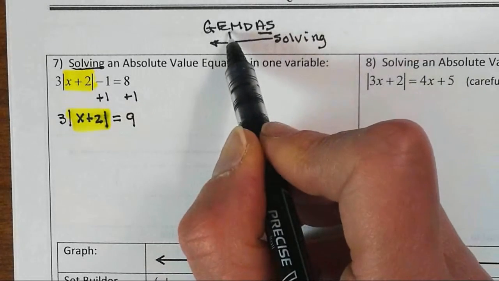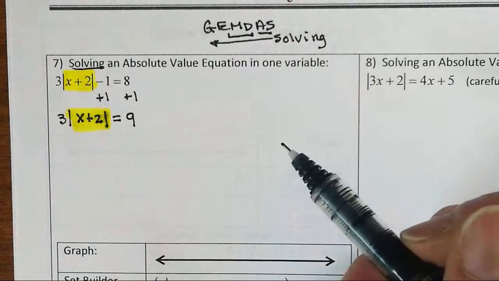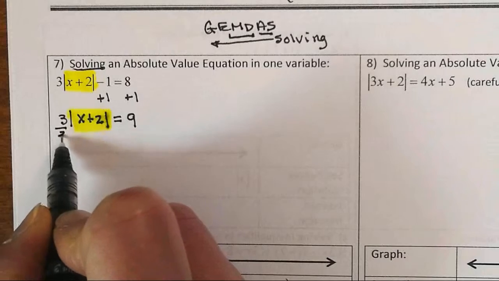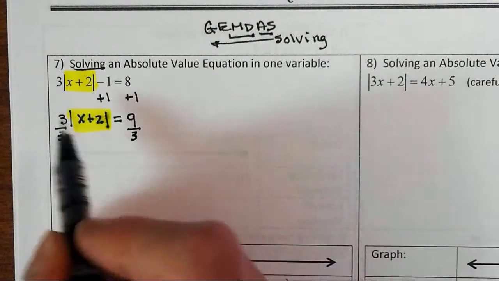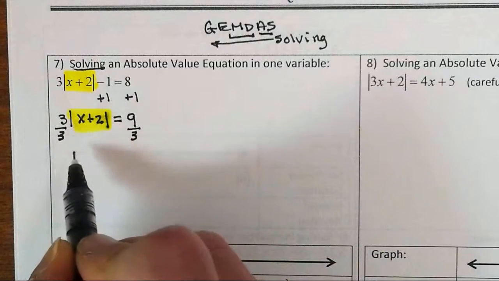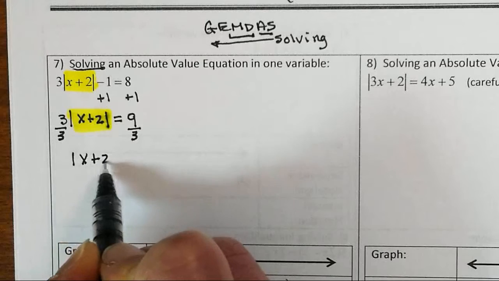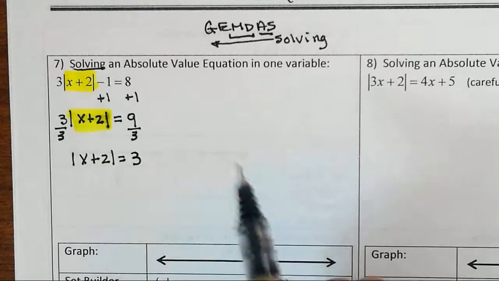So now I have to ask myself, is anything being multiplied or divided to my yellow thing? The answer is yes, the 3. So that means I have to divide everything by 3. 3 divided by 3 is 1. So now I have the absolute value of x plus 2 is equal to 9 divided by 3 is 3.